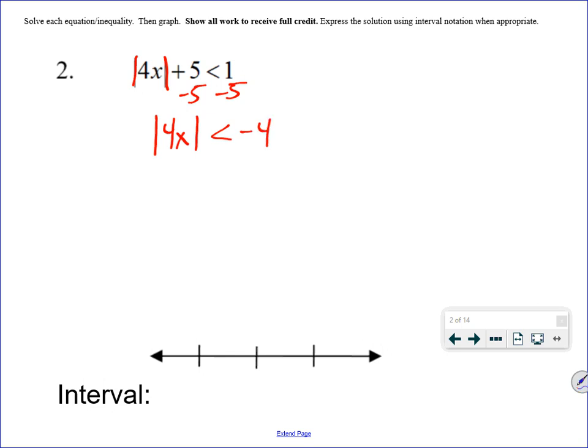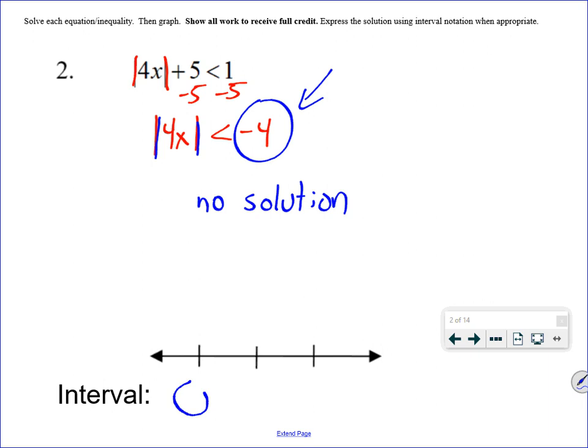Now, we should remember that whenever we get a negative on one side of an equation, an absolute value on the other side, we got a problem. Here, if you think about it, there's no way that something that's going to be done as an absolute value could output a number that's going to be less than a negative. So our answer is no solution. And we'll look at this here in a chart in a second. And so our interval is the empty set.